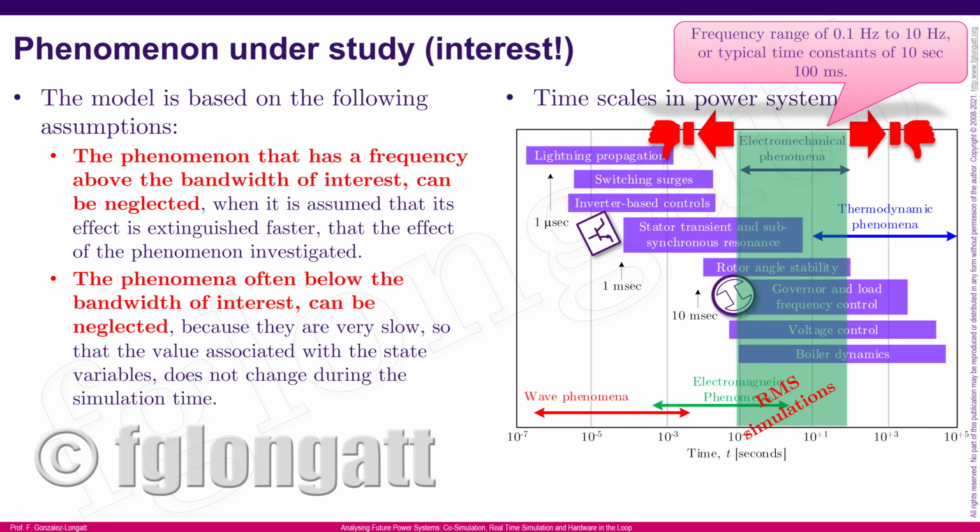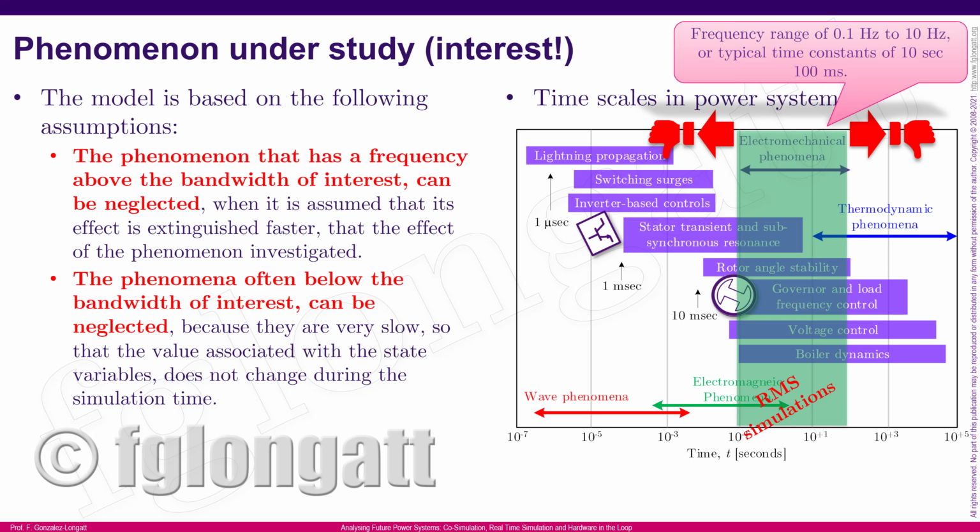But coming back to the time scales, they are very important because they allow me to define the very specific set of equations that I want to solve and the very specific method or algorithm to solve it.